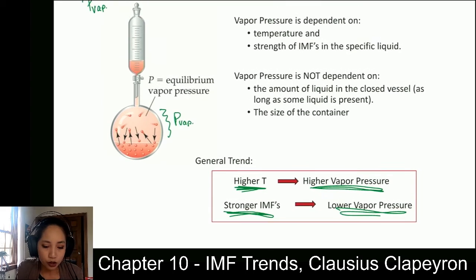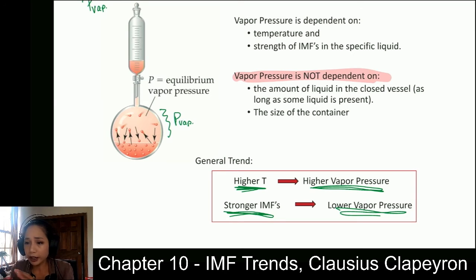All right, and what vapor pressure does not depend on, and these are important, is the amount of liquid inside your closed container. Regardless of whether you have a couple milliliters of water in a closed vessel, or 10 liters of water in a closed vessel, if you measure the headspace above the liquid and measure the pressure of gases above that liquid, it should be the same number.